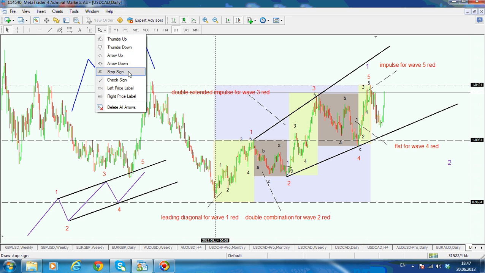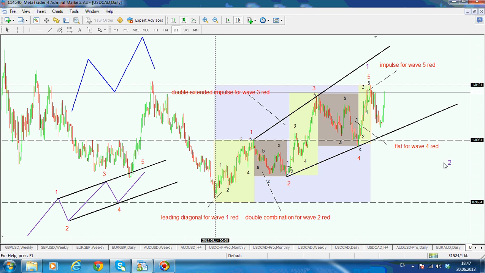If you try to put a number on it, it's something like 0.99, so looking below parity.